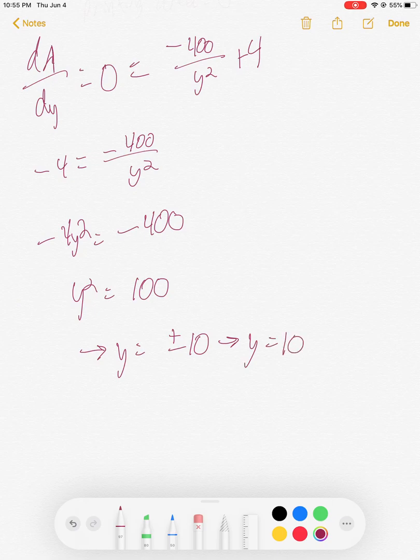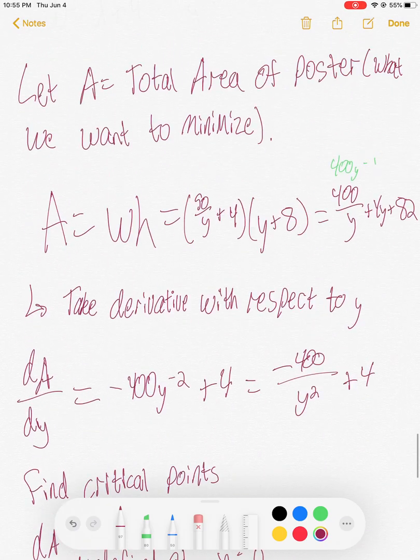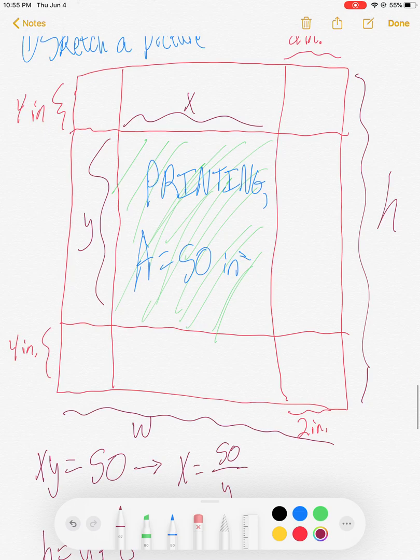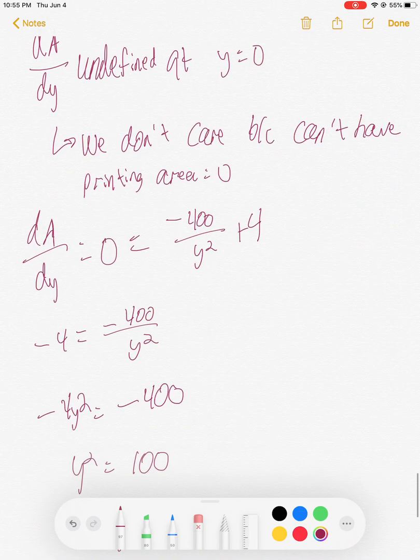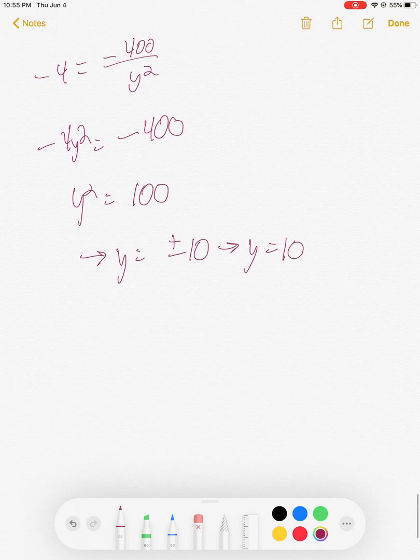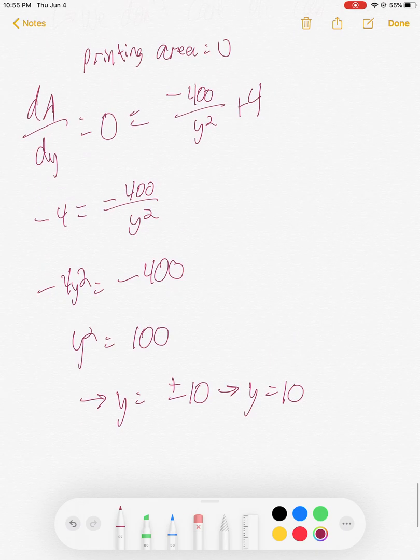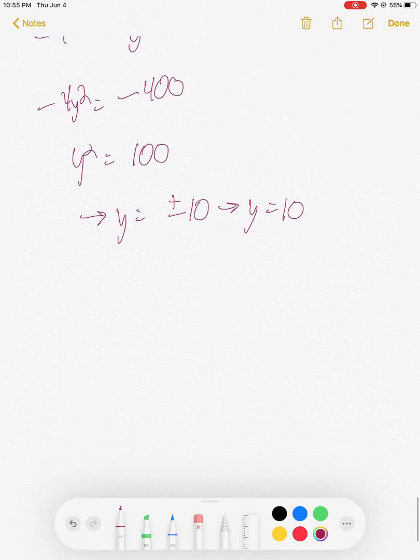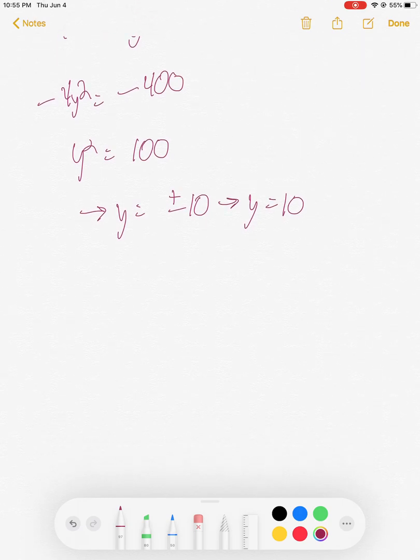Multiply everything by y squared: negative 4y squared equals negative 400. Divide everything by negative 4, y squared equals 100. y equals plus or minus 10. And keeping the context in mind, since y is the height of this printing area, that height can't be negative, so clearly we must have y equals 10.